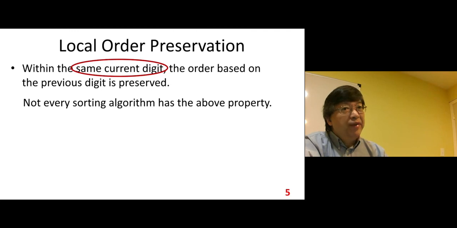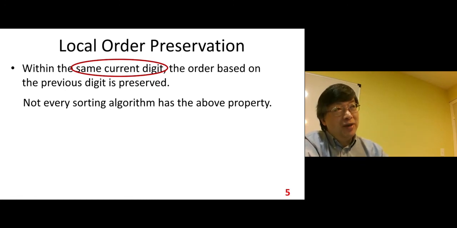Fortunately, the counting sort has this property. Nice property. So we can apply the counting sort here. So the conclusion: why does counting sort have it? Next slide we will take a look a little bit.